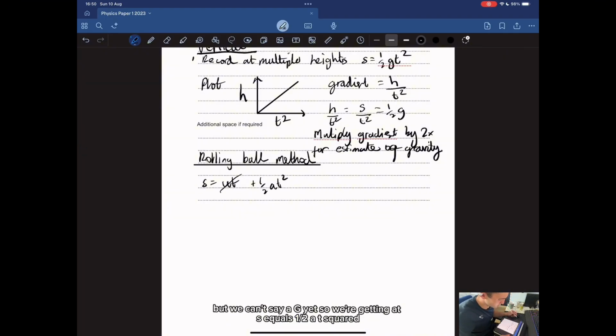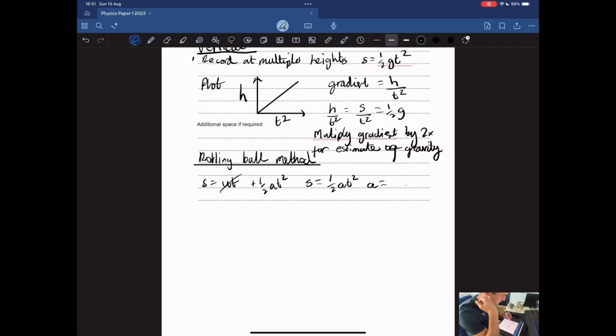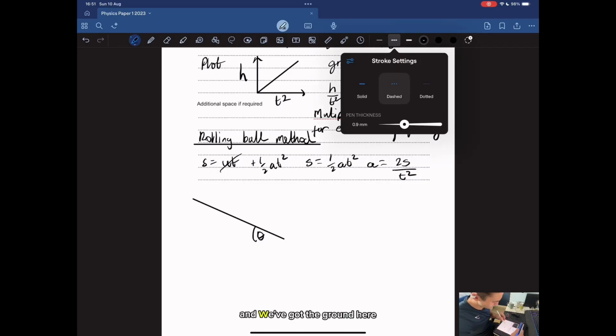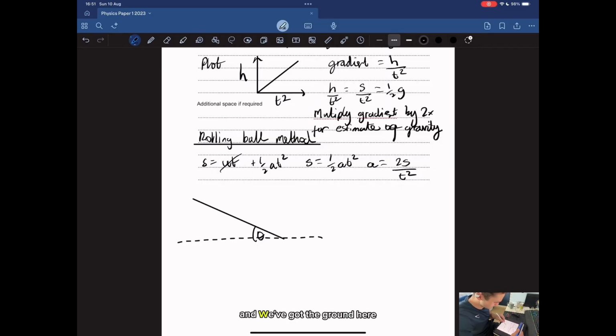We don't have a ut, but we can't say a is g yet, so we're getting s equals a half a t squared, so a equals 2s over t squared. So this is what we're going to use to calculate a. And then we've got to think about this. So this is our ramp at an angle theta, and we've got the ground here. Nice. We've got our ball here.